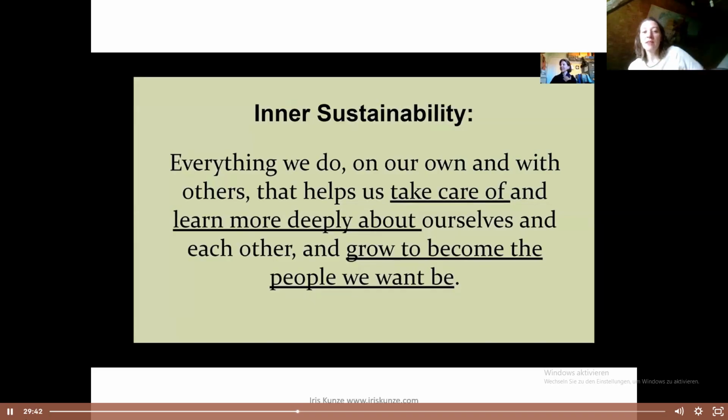But in this eco-village, they also say, okay, there is an inner sustainability. We need to start from inside, from our intentions, from our lifestyle, to express the sustainability in our daily life.